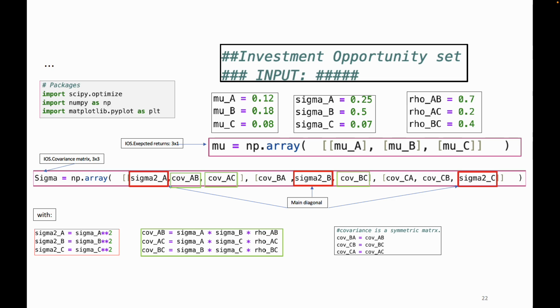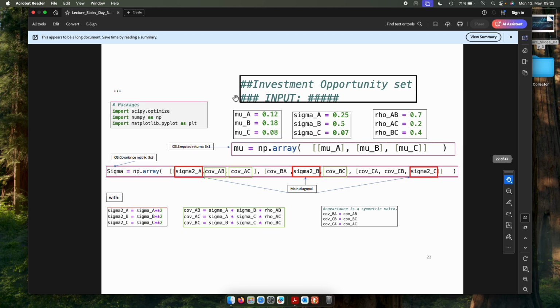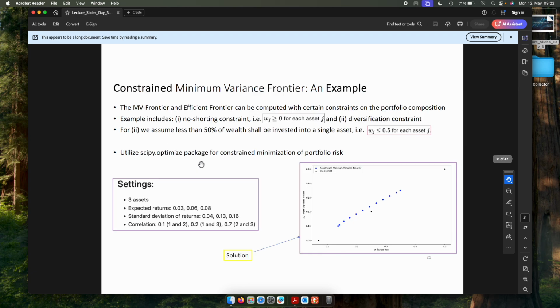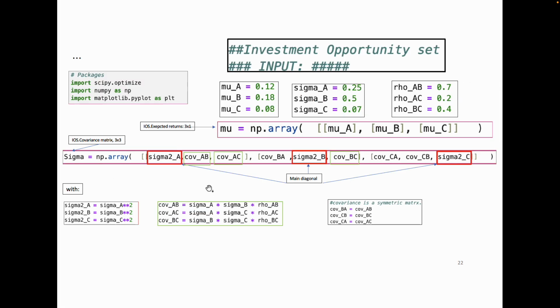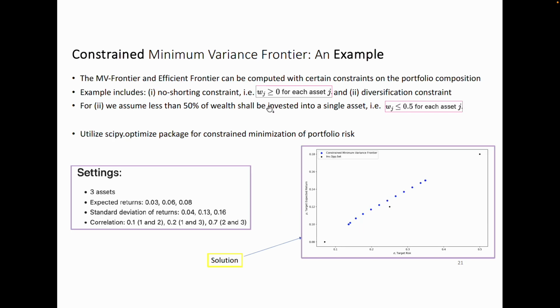The example doesn't fit, because I've been playing around with this, but I forgot to play around here. I will update the slides and then re-upload. You see what I've been doing here? The important thing is the code, but the code works with 12%, 18, and 8. Why? I copied from the wrong example.